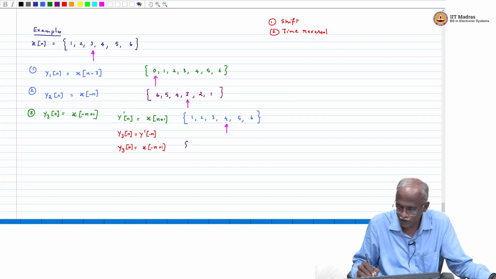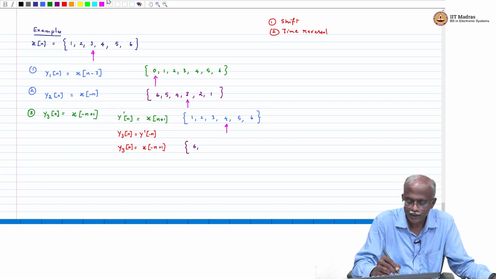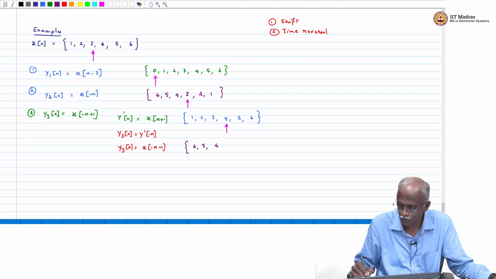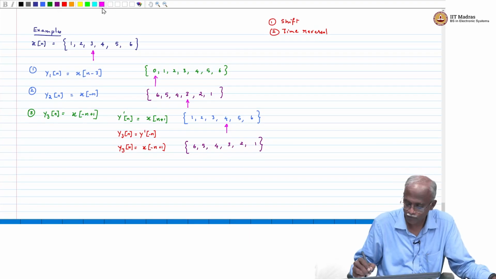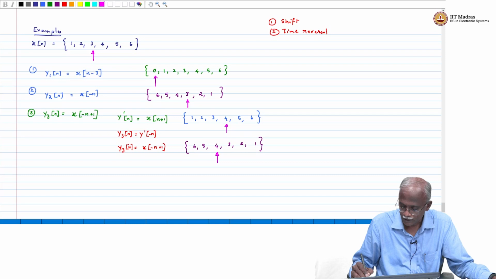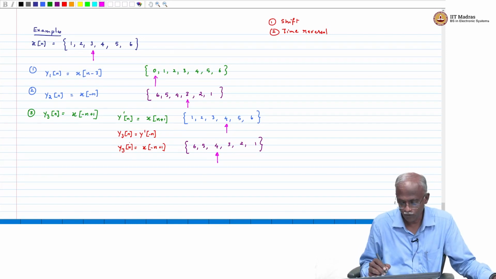The time reversal of this sequence will be 6, 5, 4, 3, 2, 1. 4 is your origin. This is the answer for y3 of n.